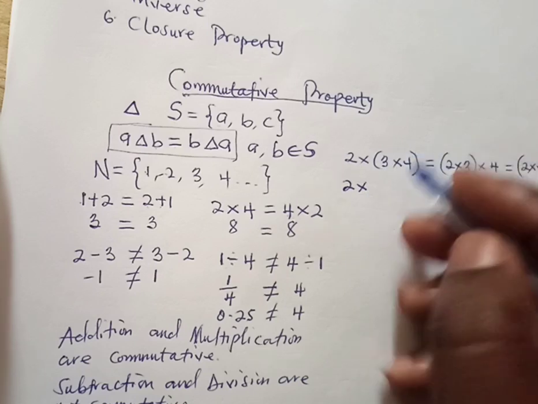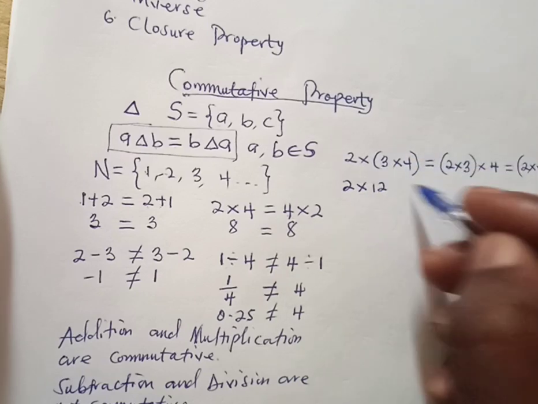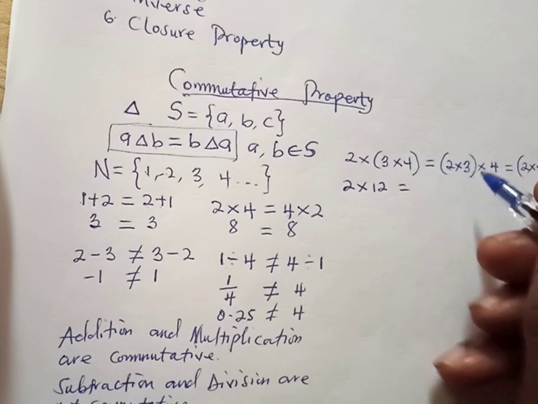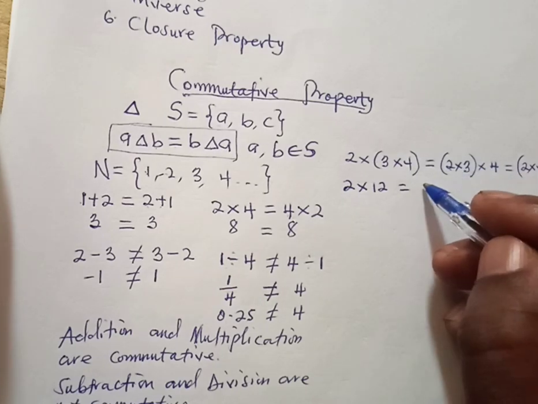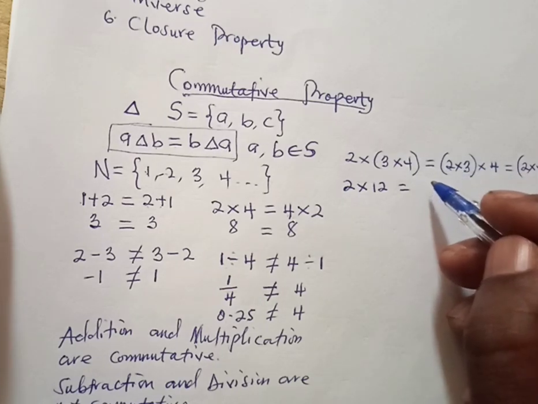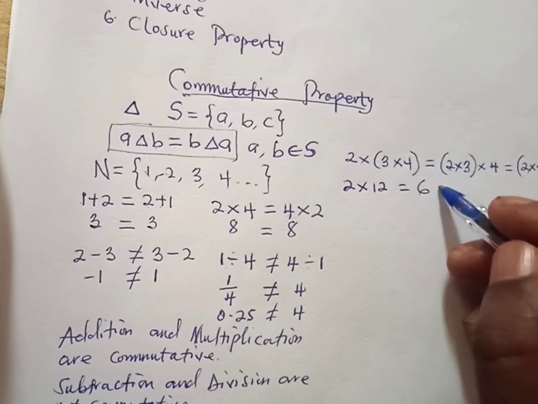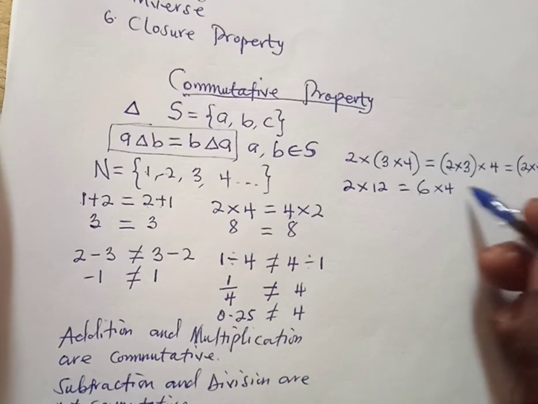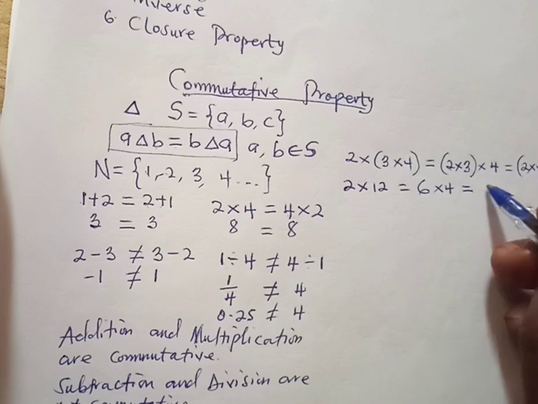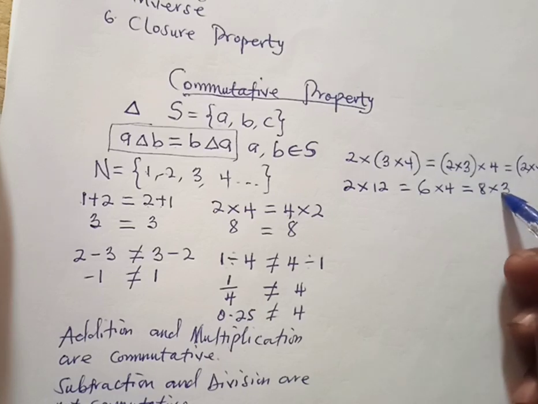So 3 times 4 gives me 12, which is equal to 2 times 3 gives me 6 times 4, which is also equal to 2 times 4 gives me 8 times 3.